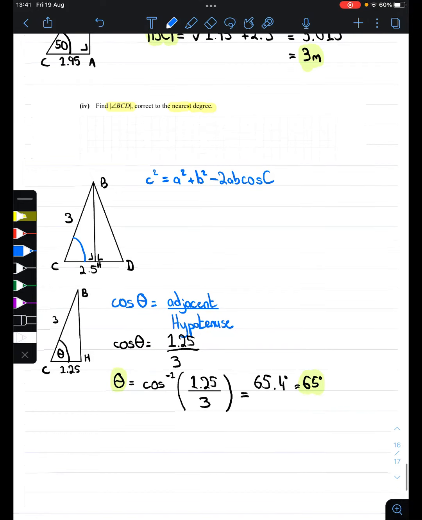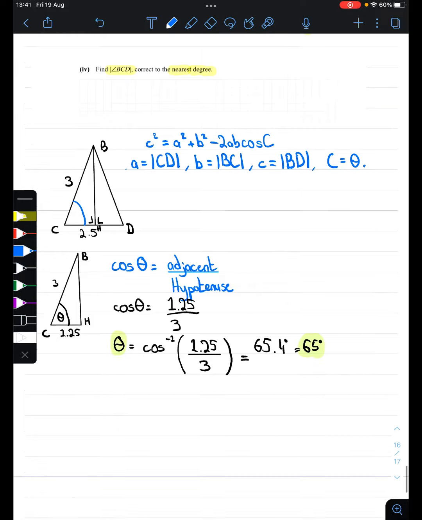So in this formula, a would be, let's say, CD. b would be BC. And c would be BD. And then our angle C is the angle that we're looking for, theta.